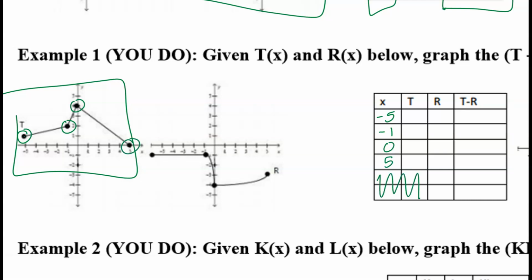And then you don't need those last two. So then you just write down for those points the y values on the t of x graph. So for that first point, it's 1. The second point is 2. The third point, what is that, 4? And for the fourth point, that y value is 0.